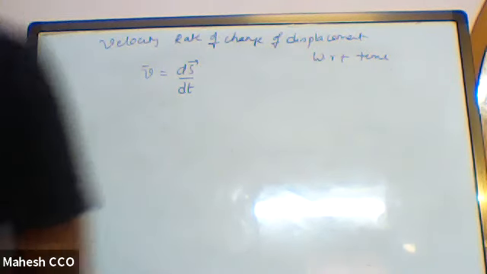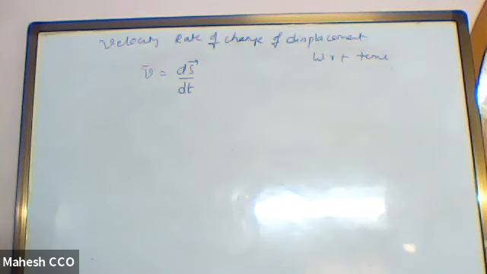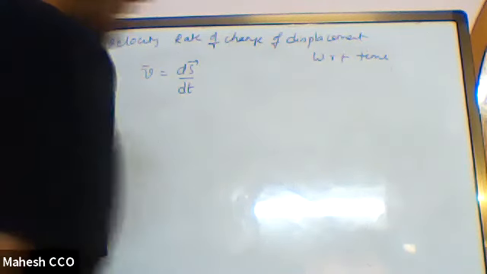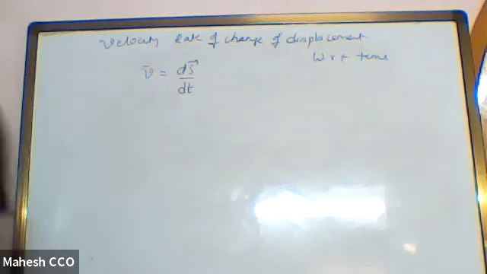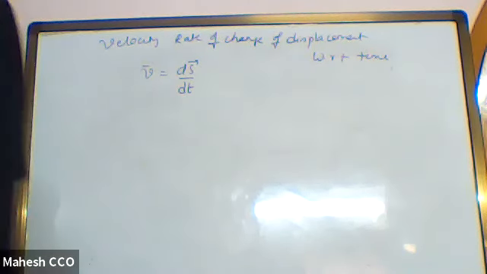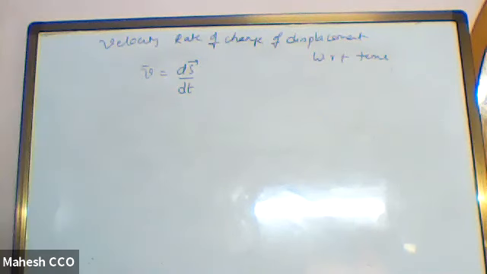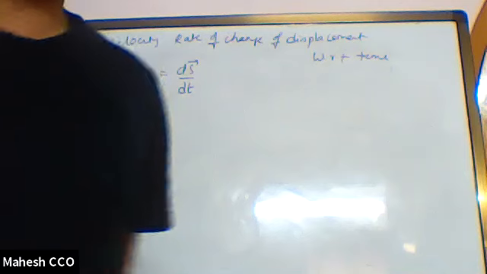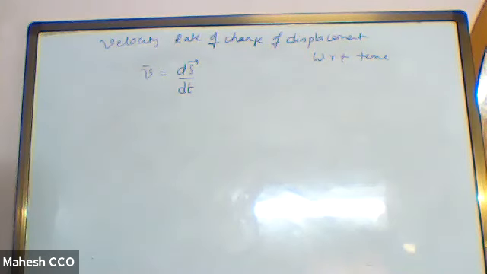Therefore, remember one thing: if we are plotting displacement versus time, or velocity versus time, then we can do that only when the velocity or displacement are one-dimensional vectors.